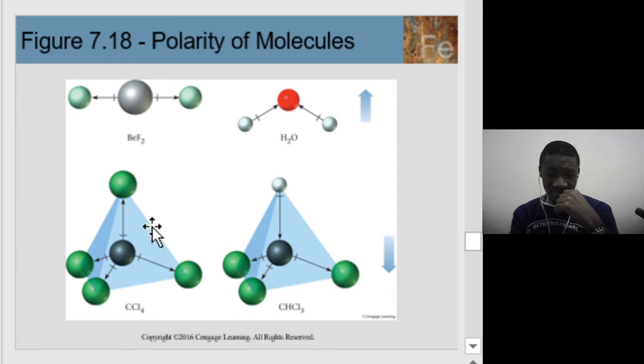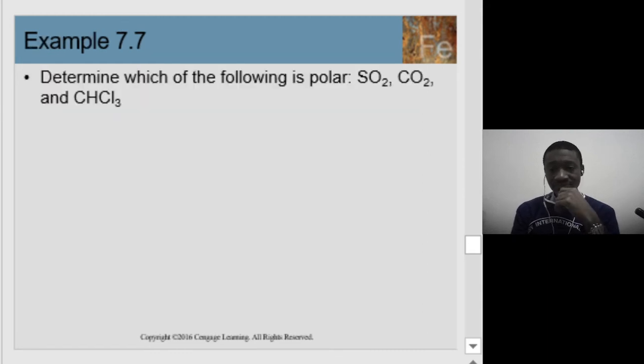Yes, and there's varying polarity because this is 0 and this can have a good amount. This will have more, this will have less polarity. So notice they can be of varying strength, depending on the molecules and the electronegativity of the molecules involved.